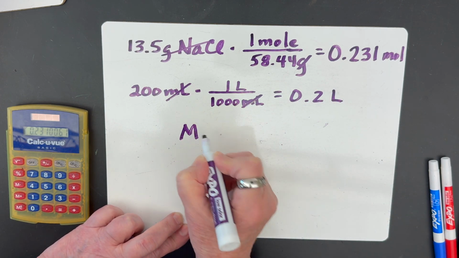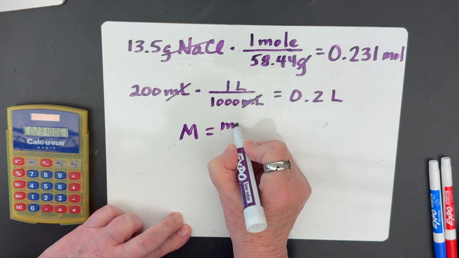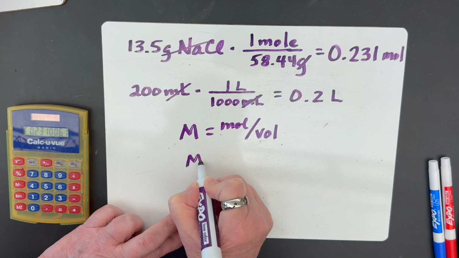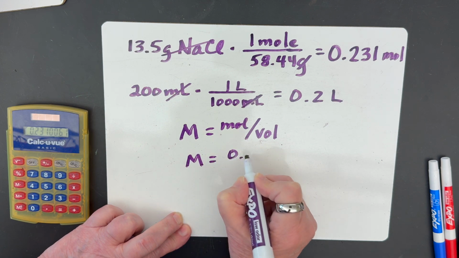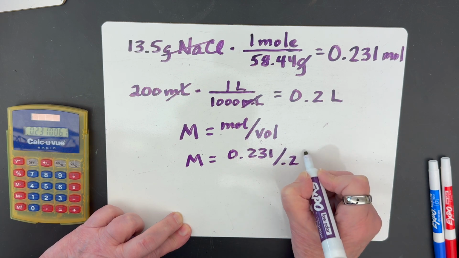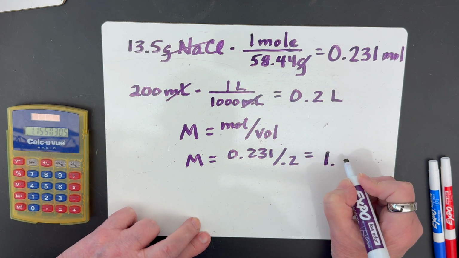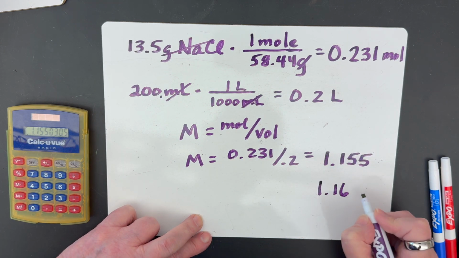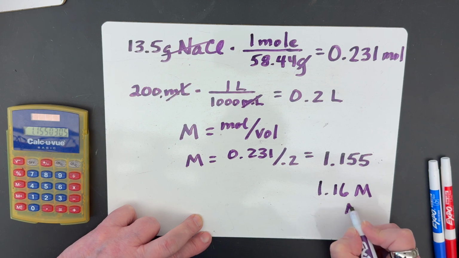So our equation, molarity equals moles over volume in liters. So our molarity equals 0.231 divided by 0.2, which equals 1.16. So we're going to say 1.16 molar NaCl.